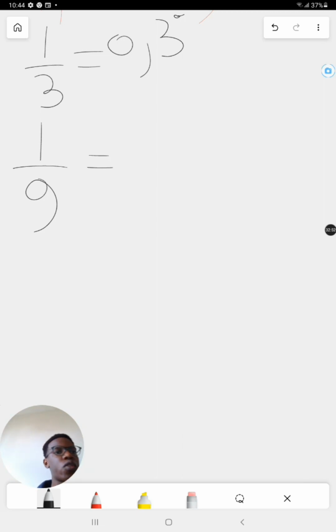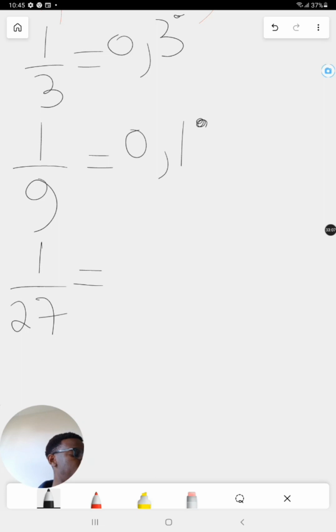It is equal to 0.11111, so it's 0.1 recurring. After 1 over 9, we had 1 over 27. What is 1 over 27? Well, 1 over 27 is 0.037.